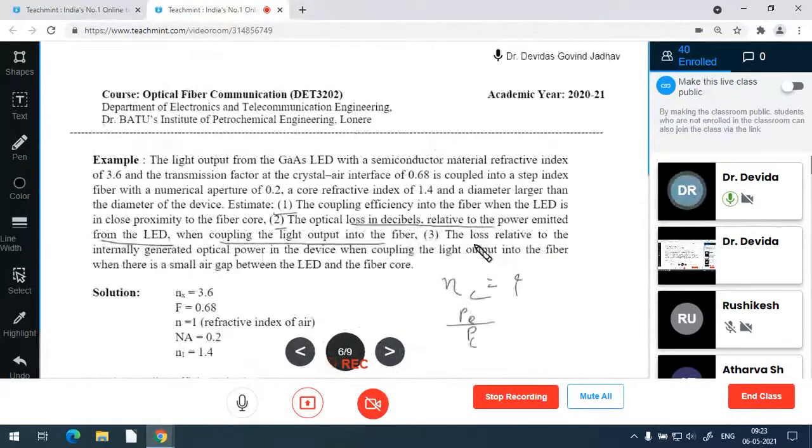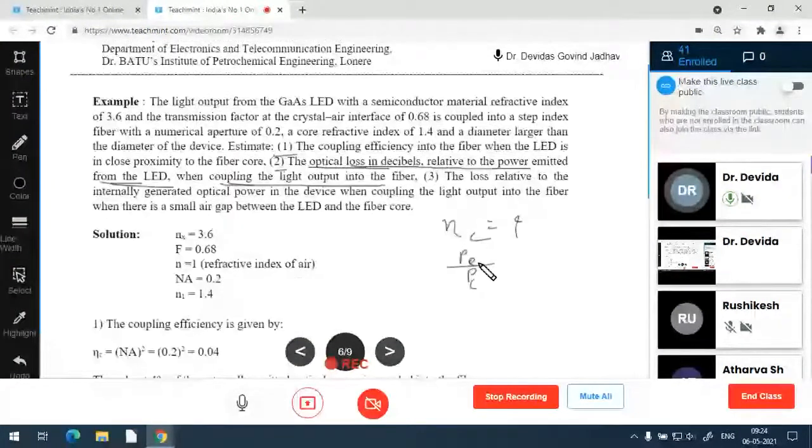So second is the loss relative to power emitted when coupling. Coupling power and emitted power are taken into calculating the loss. Third is the loss relative to internally generated optical power in the device when coupling. The same thing. Loss is calculated with respect to internally generated power, P internal, and P coupling, while coupling.